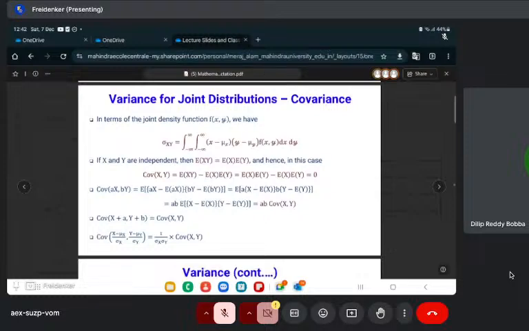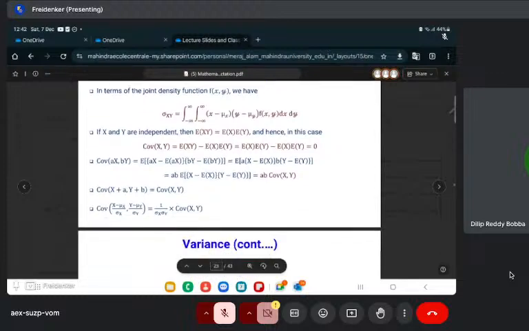Independence is a different thing. If two random variables are independent, then those two random variables will be uncorrelated. But the vice versa need not be true. Just because rho is zero, it need not mean that the random variables are independent. But in the case of bivariate normal distribution, if rho is zero, then x and y will surely be independent. That's a theorem. So that's case specific.